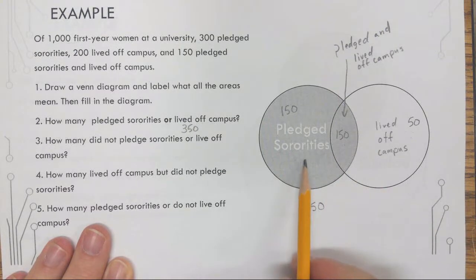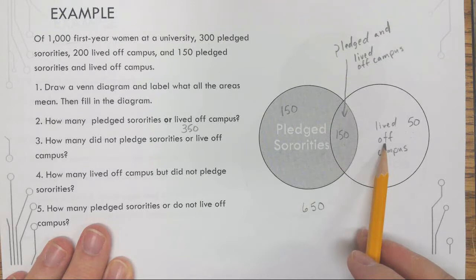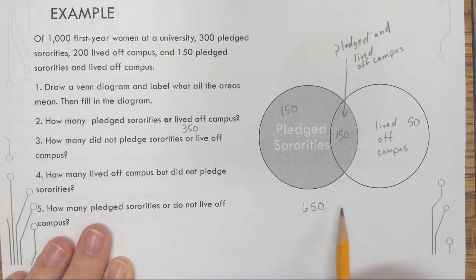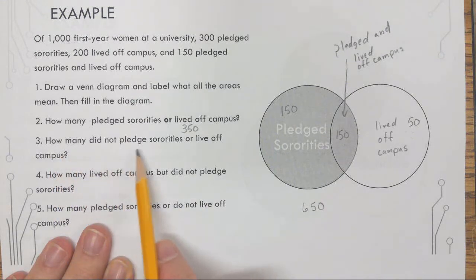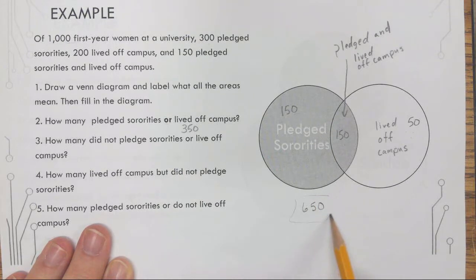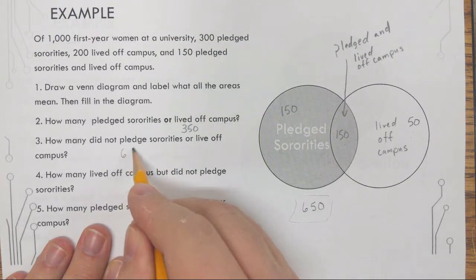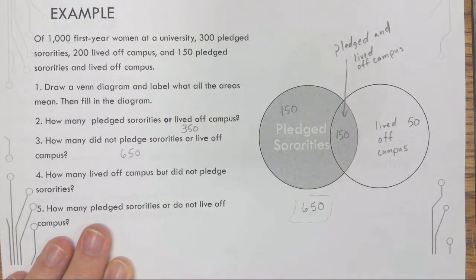They didn't pledge sororities, they didn't live off campus. That means they just lived on campus. Okay? So then in this next question, how many did not pledge sororities or live off campus? Well, that's going to be this number. Okay? Because that's all the women that did not do either one of these things.